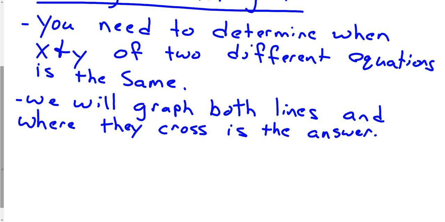Okay? So we've graphed linear equations before. They're just straight lines. All we're doing now is we're graphing 2 on the same grid and recording where they cross. And that's how you figure out one thing.